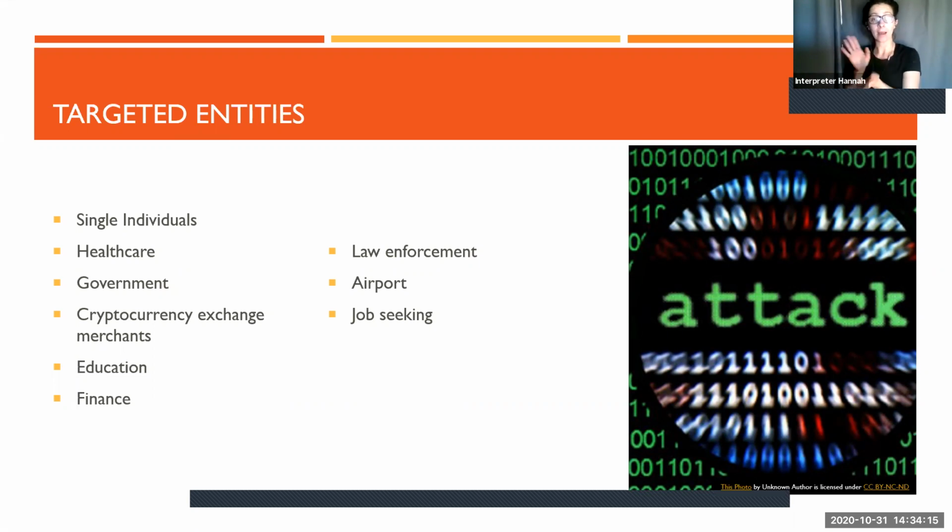And then as we have more cryptocurrency exchanges, they become the target. And then, of course, education, finance, law enforcement, transportation, big with airports, when we look at physical security and also system security, and then job sites. Okay, so job seeking means sites like Indeed, Hot Jobs, those types of sites. Okay.